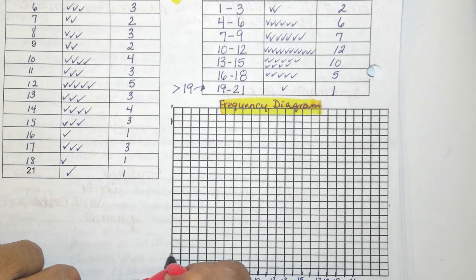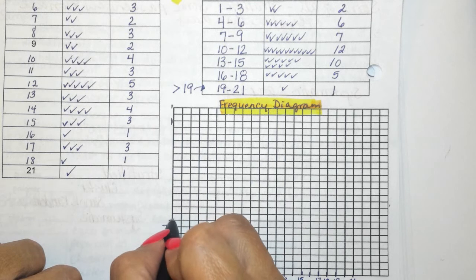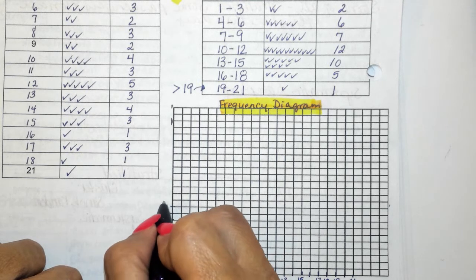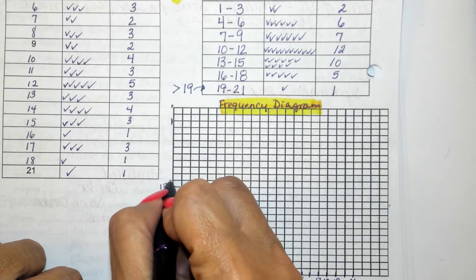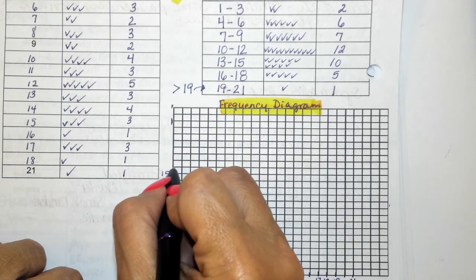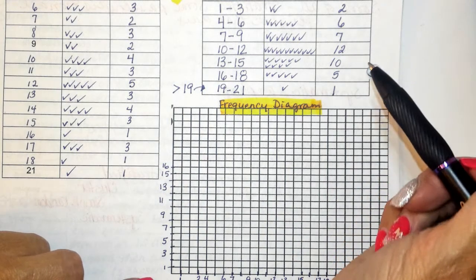All right, I'm going to come over on this side and count by ones. 1, 2, 3, 4, 5, 6, 7, 8, 9, 10, 11, 12, 13, 14, 15, 16, and it looks like the biggest one it's going to go up to is about 12.